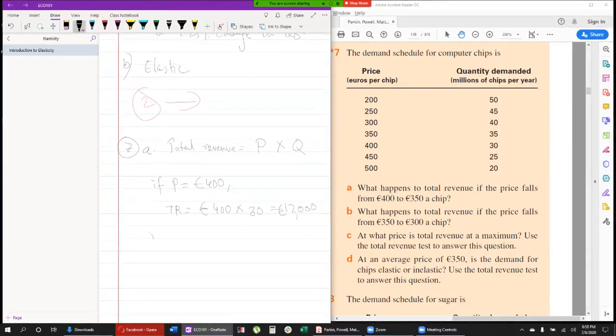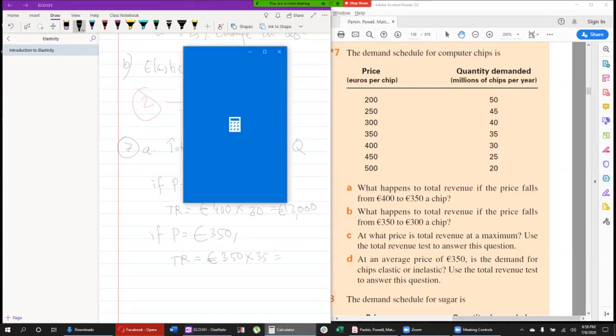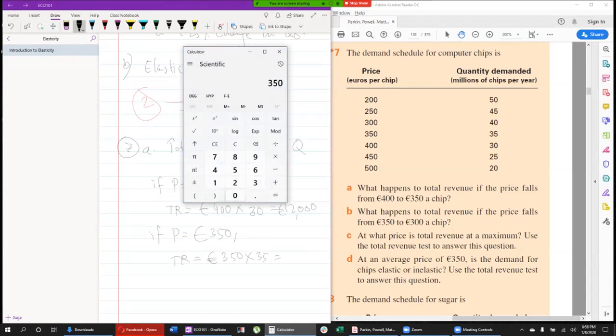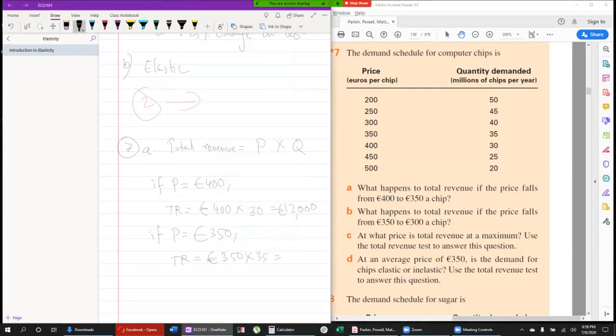And if price is 350, total revenue is 350 times, when price is 350, quantity demanded is 35. I'll need the calculator again. So 350 times 35, 12,250.